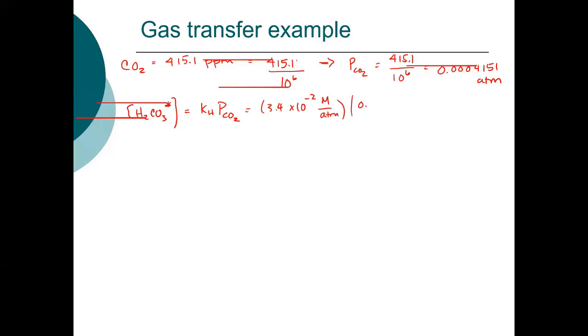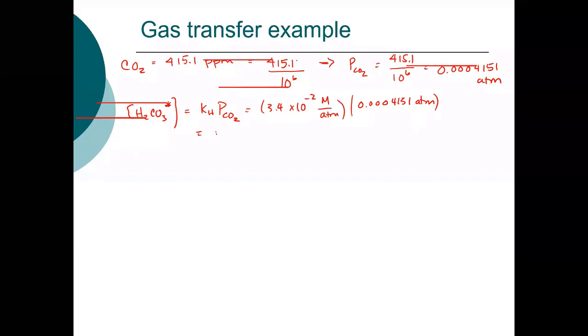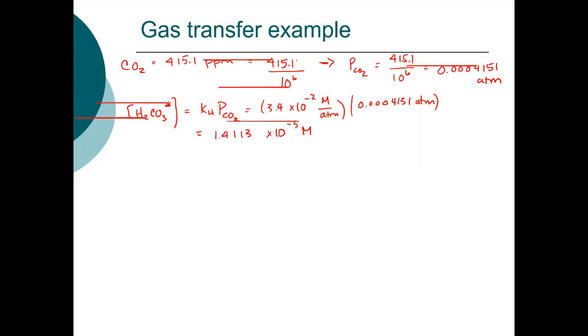You can multiply then by the partial pressure, and that is equal to 1.4113 times 10 to the minus 5 molar. So that's the concentration of carbonic acid in water.